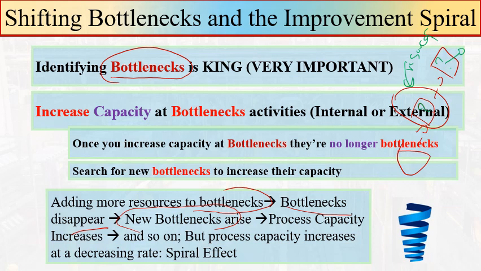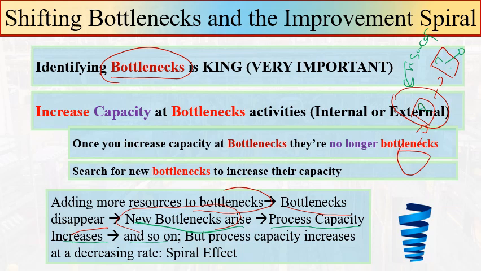So now we have to add resources here and so on. There's a spiral effect, with new bottlenecks always arising and new process capacity increases and so on. The process is going to keep going in a circle.